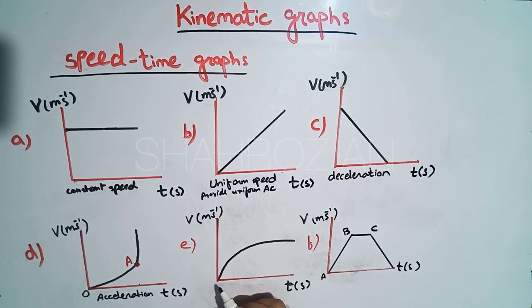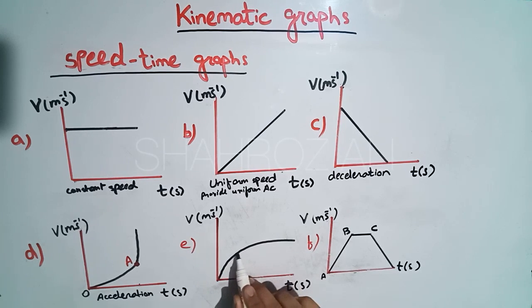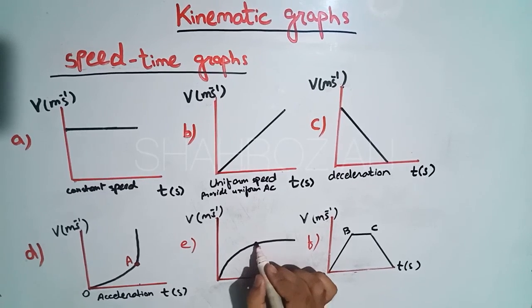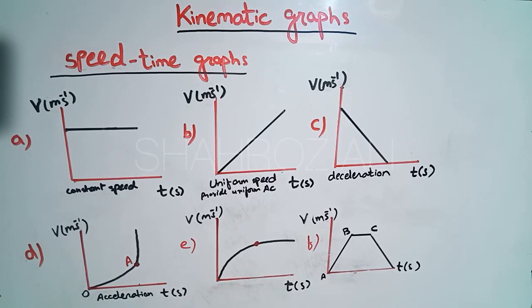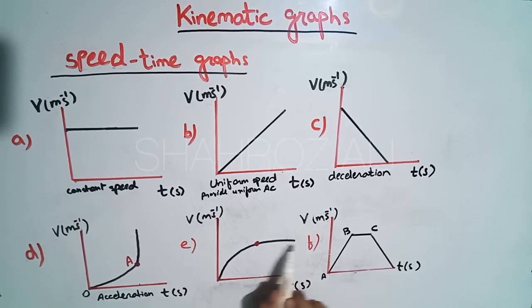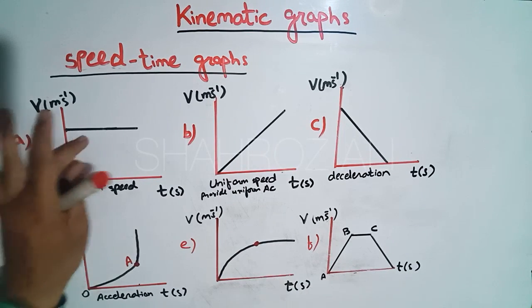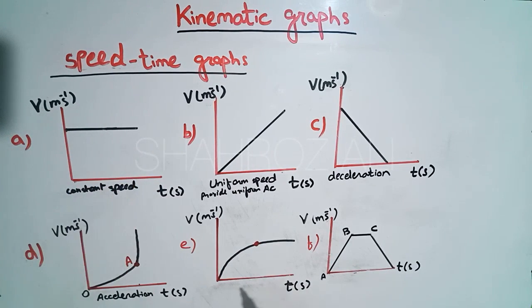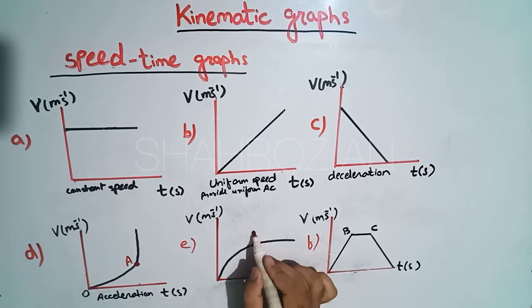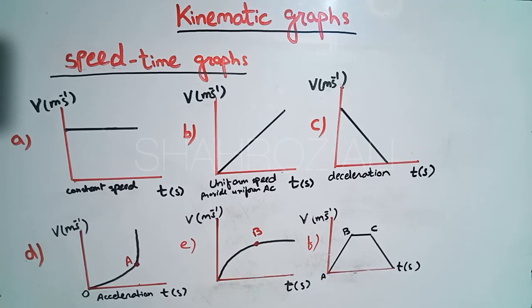Acceleration will be produced, but after this point the velocity of the body will remain constant, because the curve now represents that velocity is not increasing. It is parallel to the time axis, and a line parallel to the time axis gives you constant speed. I am representing this point as B.